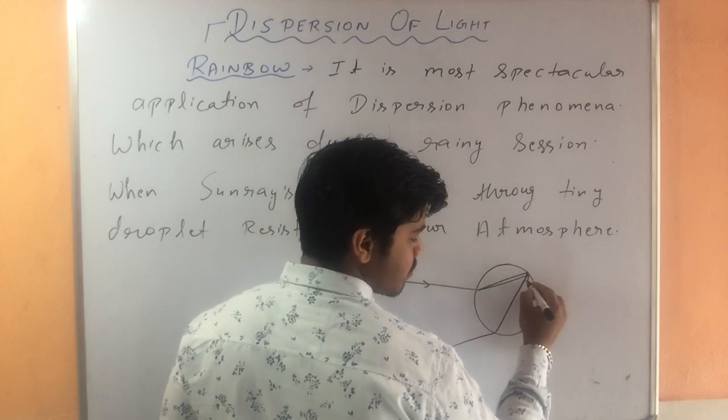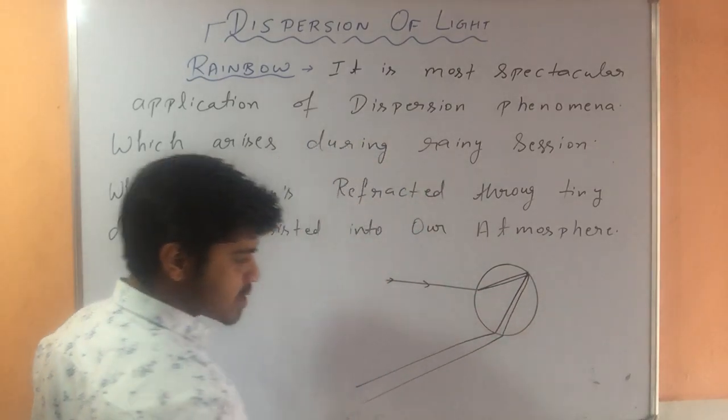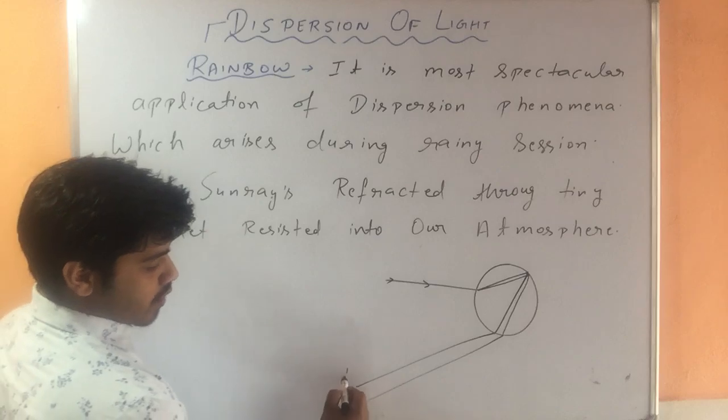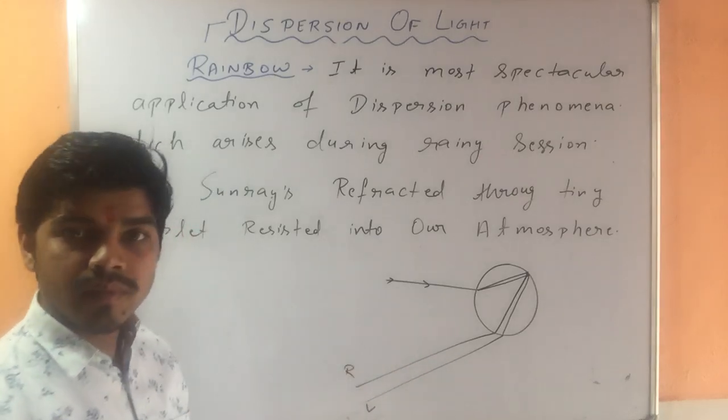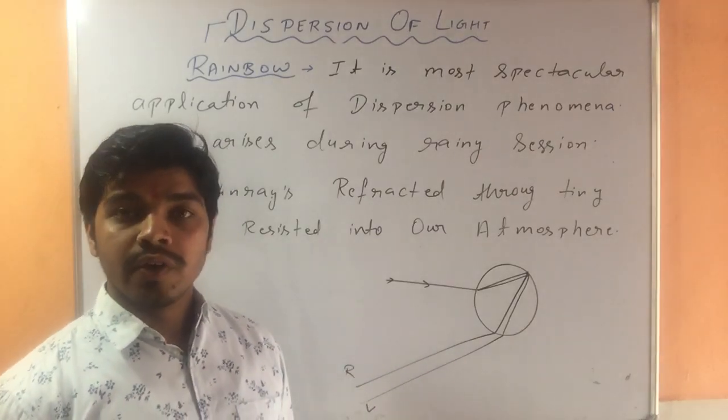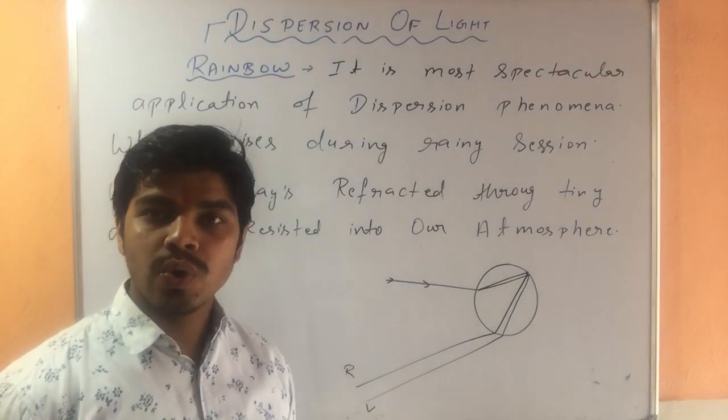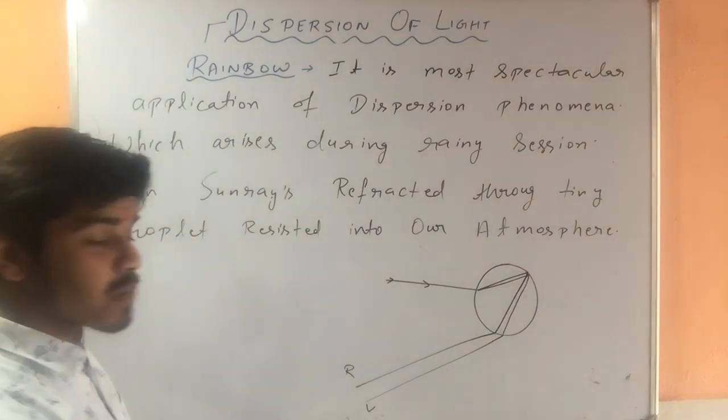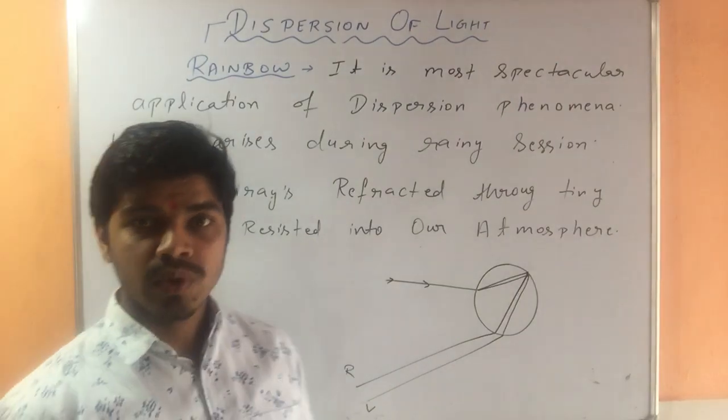This spectacular phenomenon, red to violet, is called a rainbow. Rainbow is also of two types, primary rainbow and secondary rainbow.